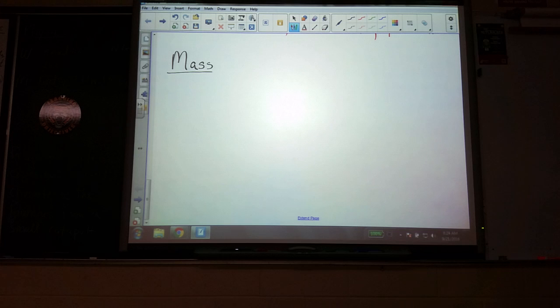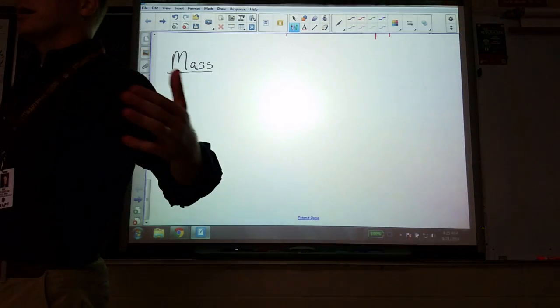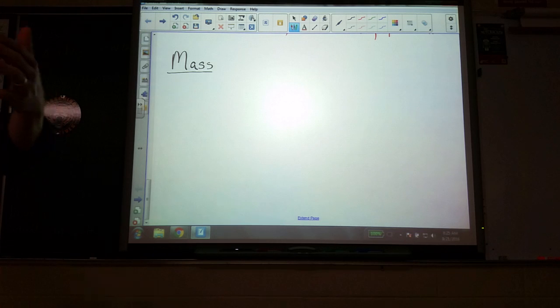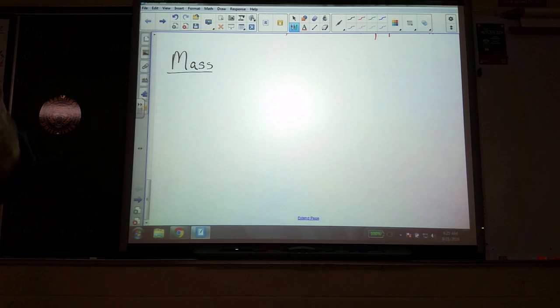What does it mean to be massive? Usually big, but definitely what else? It's not the space. Things that are massive are often big, and that means space. But what else does it always mean? Heavy. It's related to weight, but it is not weight.